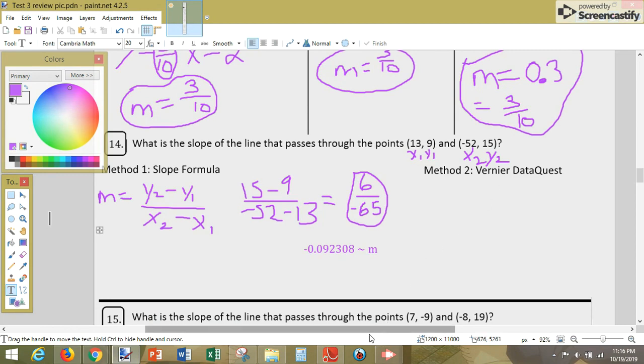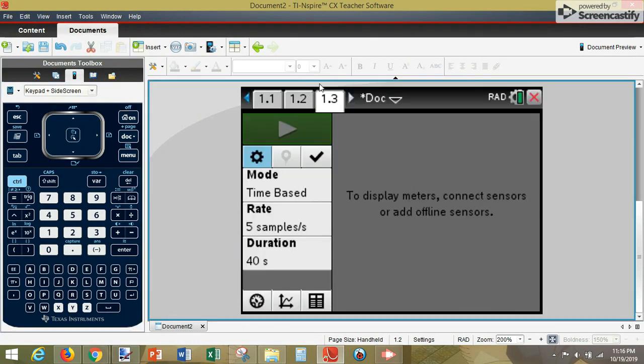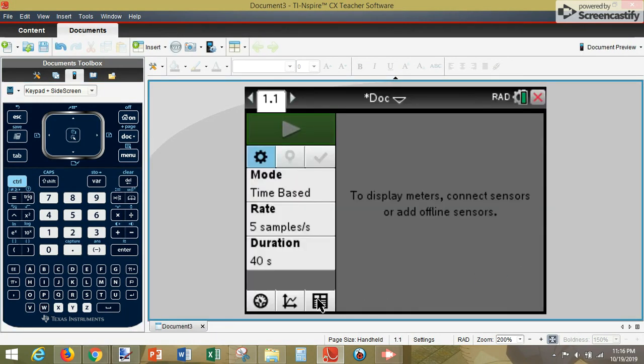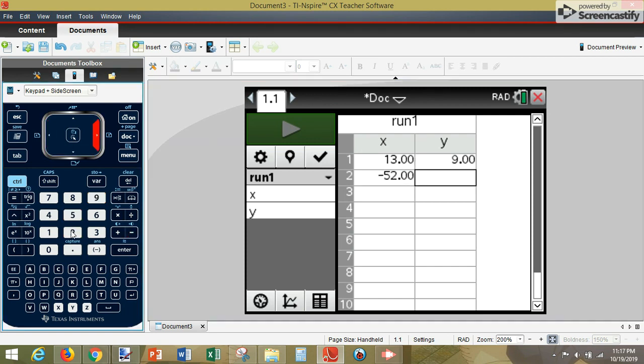Vernier Data Quest. To do that, we go to our calculator, click on the beaker. Let's close all these tabs. Control W, no. Click the table, put in your values. We have 13 and 9 in the first row, and then negative 52 and 15 in the second row.